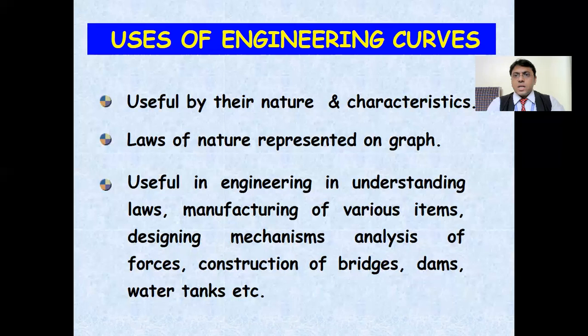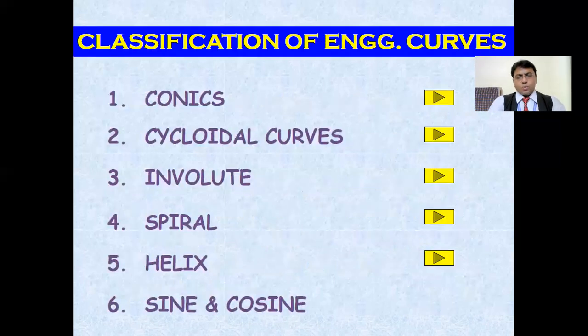So its scope is very wide, concerned to industries or industry experts as well as manufacturing units. What are the basic things that are going to be covered in engineering graphics? It is all related to understanding the classification, the conics, or simply the conic section.